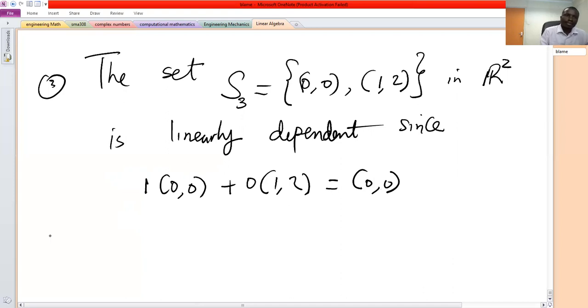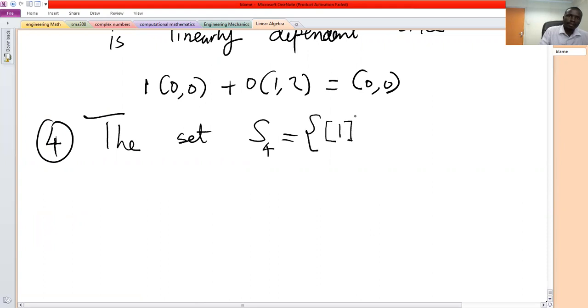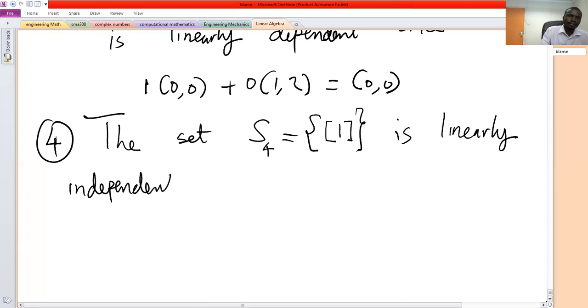And then number 4, the set S4 given by just this single vector is a linearly independent subset of R.